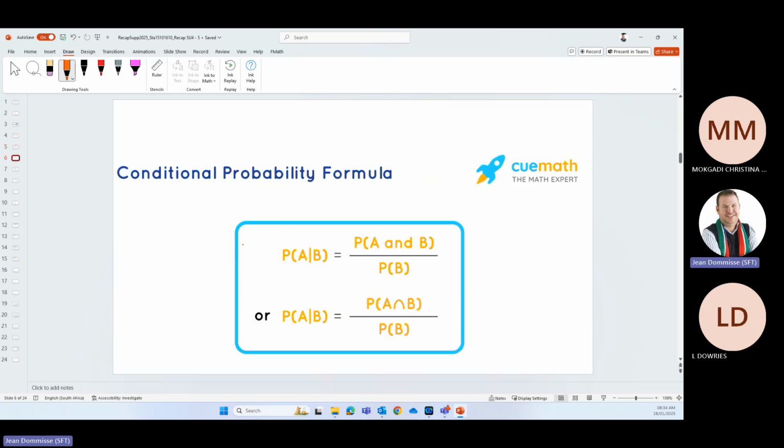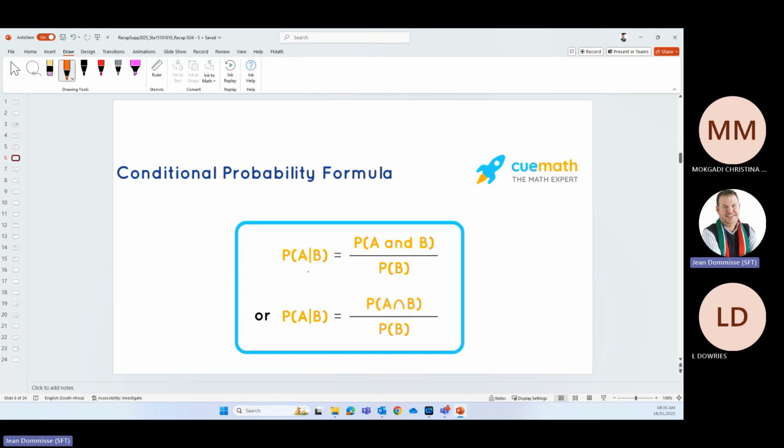Then we also have some conditioning rules. And how we normally read this is probability of A given B. So also when we get to questions, they might sometimes say, what is the probability of somebody having blue eyes given that that person also has blonde hair or something like that.